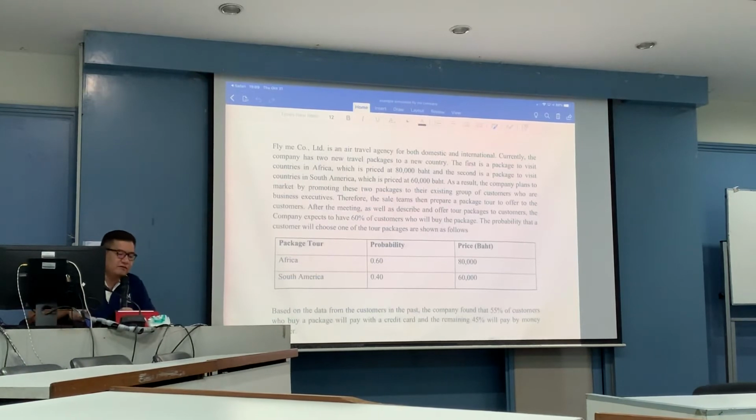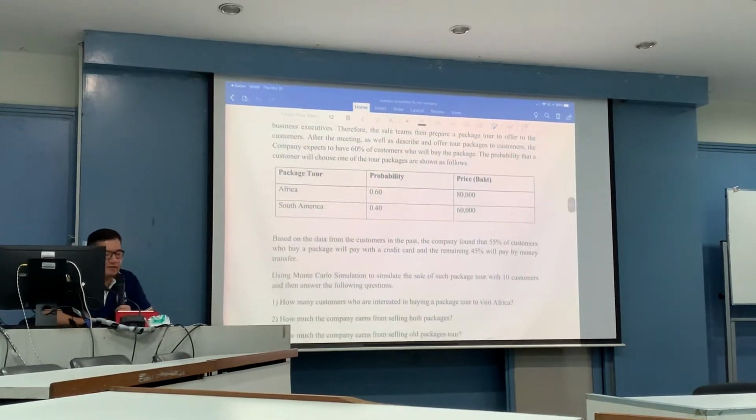So we have Africa and South America, and this is the probability of the customer selecting the package, 60% and 40%. And also, based on data from past customers, the company found that 55% of customers who buy the package will pay with a credit card, and the remaining 45% will pay with money transfer. So use Monte Carlo simulation to simulate the sale of such a package tour with 10 customers, and then answer the following questions.